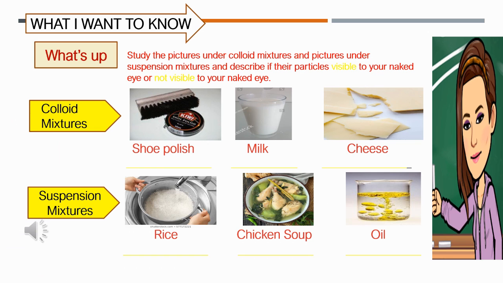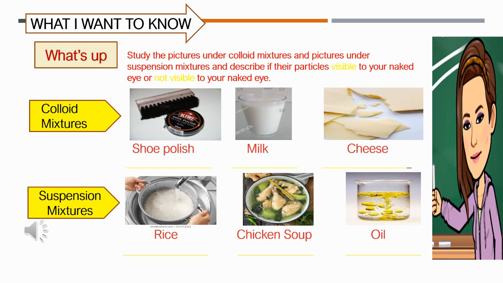What's up, kids? Look here. I have here different kinds of mixtures, colloid mixtures and suspension mixtures. What you are going to do is study the pictures under colloid mixtures and the pictures under suspension mixtures and describe if their particles are visible or not visible to your naked eye.